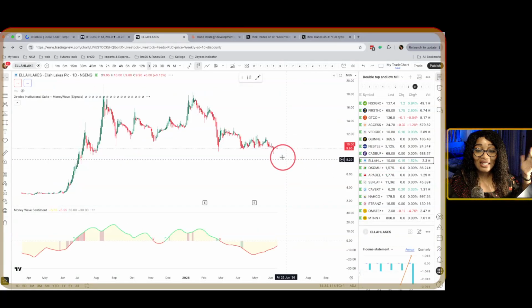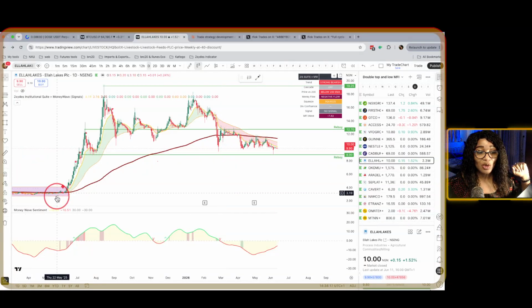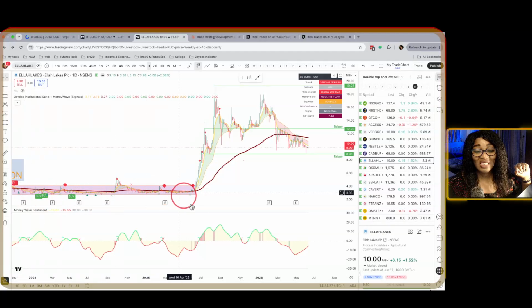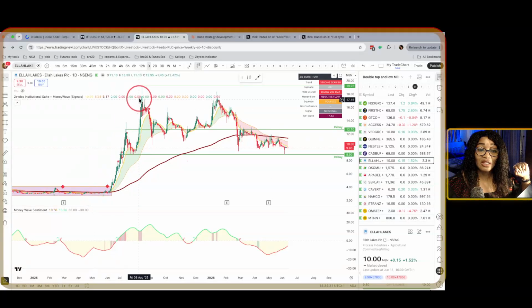So this Ella Lakes, this is one that I am pretty excited about, because there was this massive pump. This is a typical example of an accumulation era. So this was an accumulation for like 2 years, and then it finally pumped, and we had a massive pump all the way to over 19 naira per share.